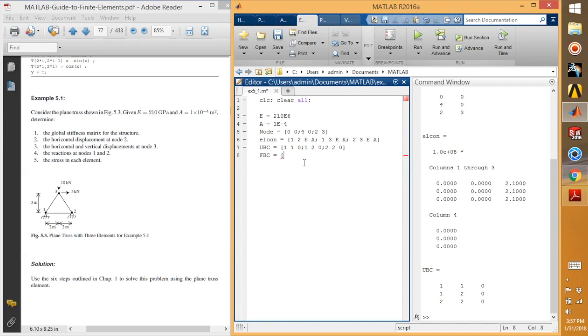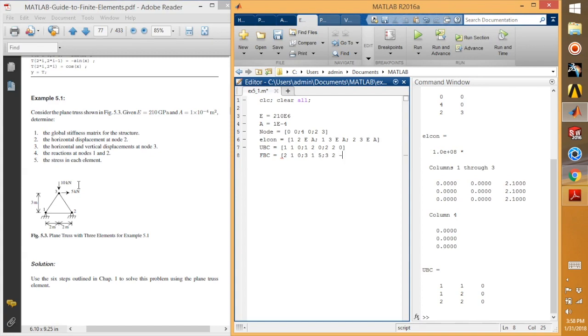And at node 3 we have two force components, one in x direction and one in y direction. The right hand side means positive and left hand side means negative. Similarly, downward means negative, upwards means positive. So we can say 3 1 for x, which is 5, and 3 2 for y, which is minus 10. So we are done with our force boundary conditions.